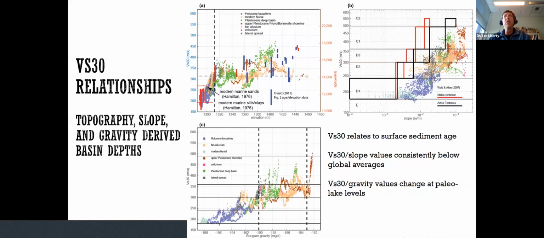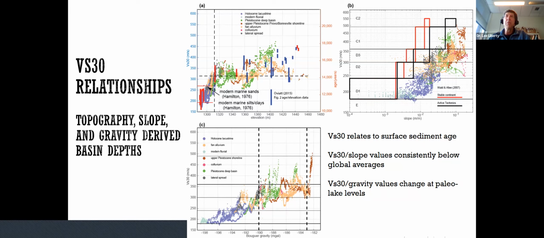If you look at a log plot over here of slope versus VS30, you can see there's this nice log trend. Wald and Allen back in 2007 put together a global relationship for both the stable continent, these red boxes here, and for active tectonic zones here. You can see for Salt Lake City and the Wasatch Front, the velocities are significantly slower than these global relationships.